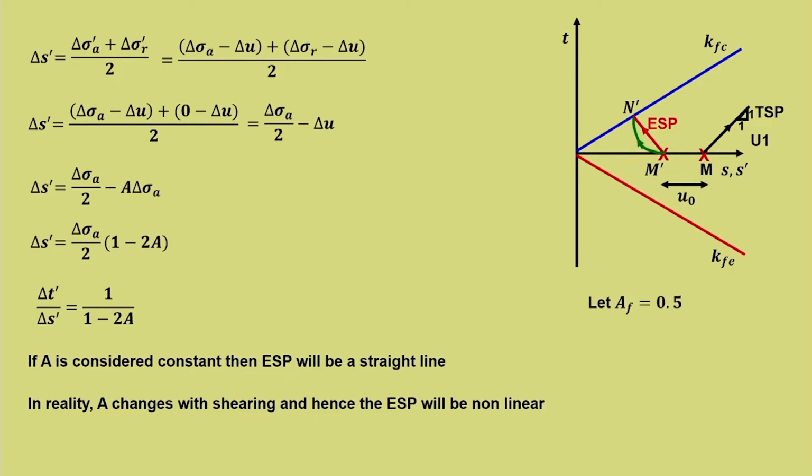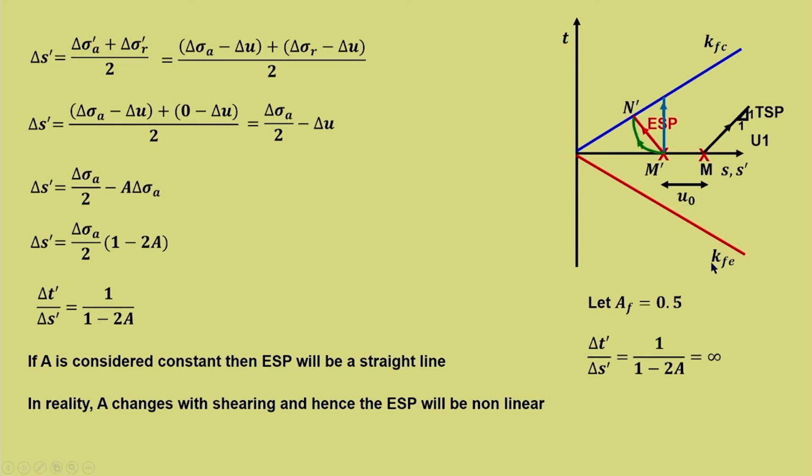For a specific case in this particular exercise, if A is equal to 0.5, you will see what happens: it becomes infinite. Delta T dash by delta S dash is equal to infinity. So, it will go in the upward direction. The slope of the effective stress path will be in the upward direction.